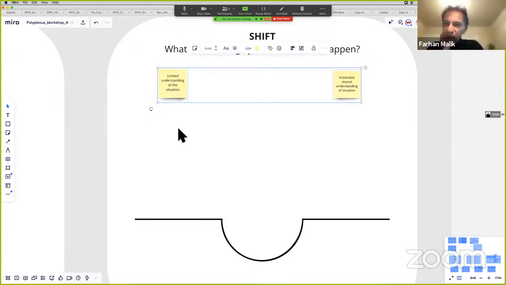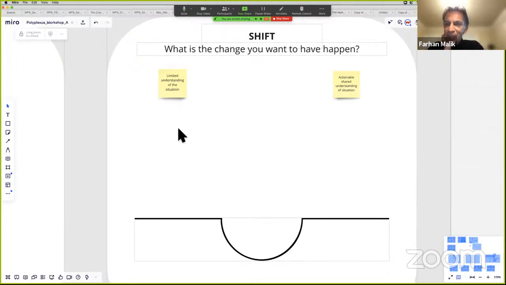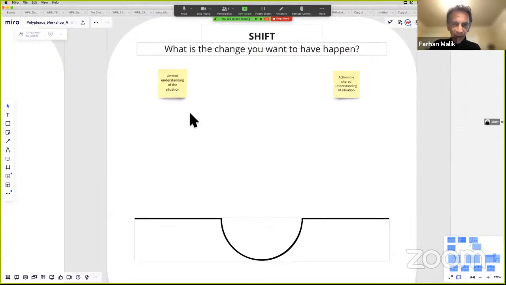Yeah. So this is like a caricature or a comic book version of what I'm trying to express here. The current state is that there is little to no understanding in terms of what the situation looks like. But where we want to end up, hopefully through rapid iterations, is in a state where we feel more confident in terms of the information that we have.